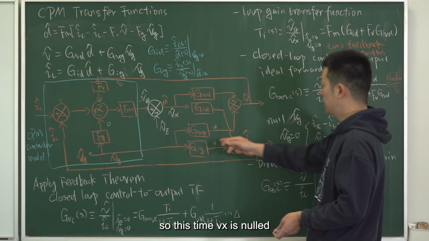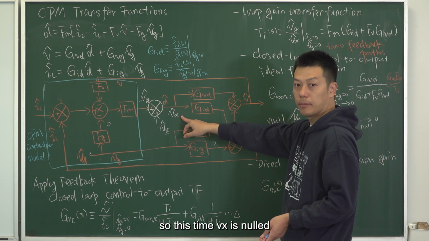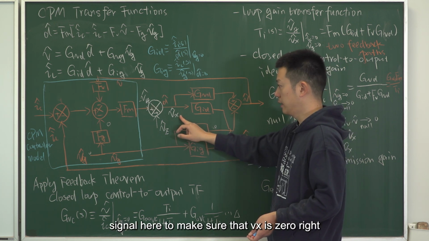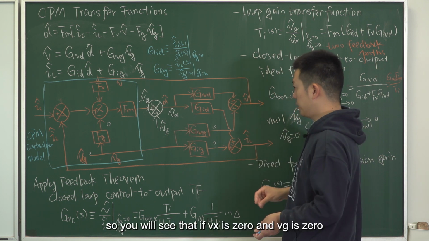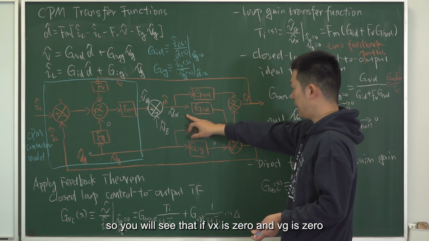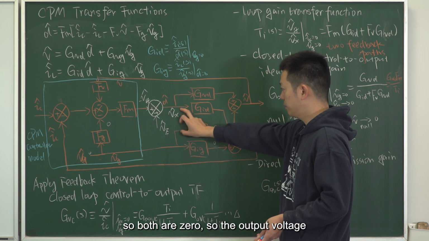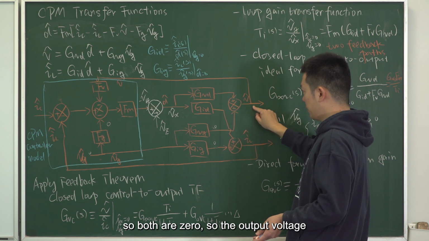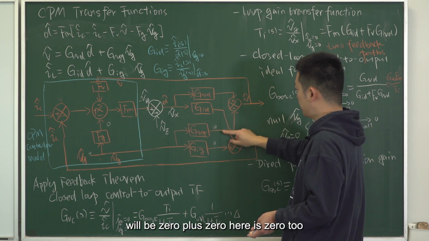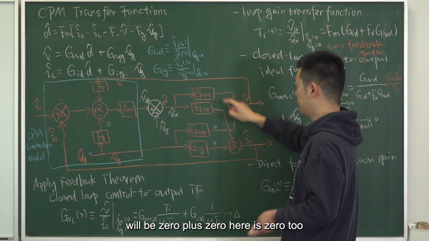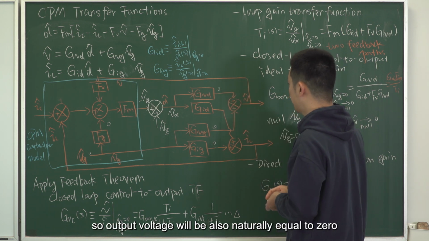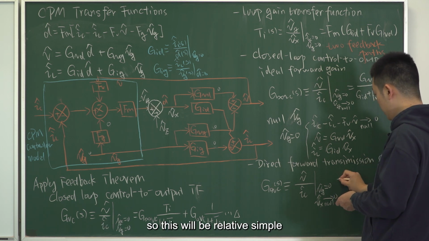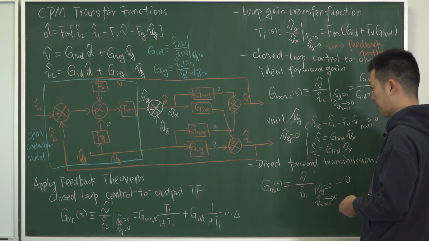This time, Vx is nulled by adjusting the injection signal here to make sure that Vx is 0. You will see that if Vx is 0 and Vg is 0, both are 0, so the output voltage will be 0 plus 0. Here is 0, too. So output voltage will naturally equal 0. This is relatively simple, just equal to 0.